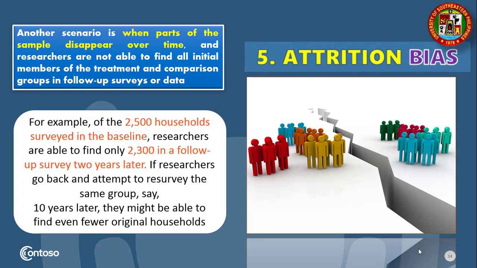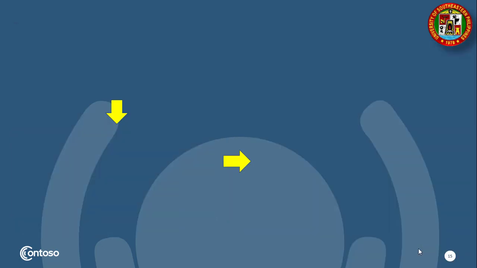For example, of 2,500 households surveyed in the baseline, researchers are able to find only 2,300 in the follow-up surveys 2 years later. If researchers go back and attempt to survey the same group, say 10 years later, they might be able to find even fewer original households.